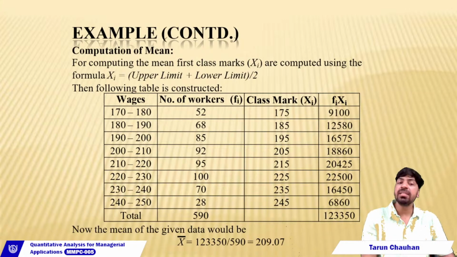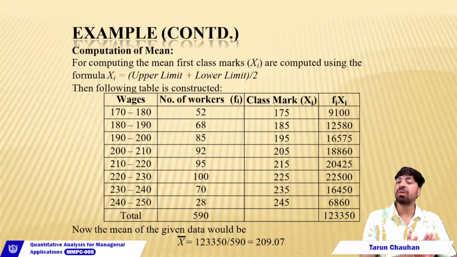That means 170 plus 180 by 2, you will get 175. That is the midpoint or class mark. Then 190 plus 180 by 2, that is 185. 190 plus 200 by 2, that is 195, and so on.